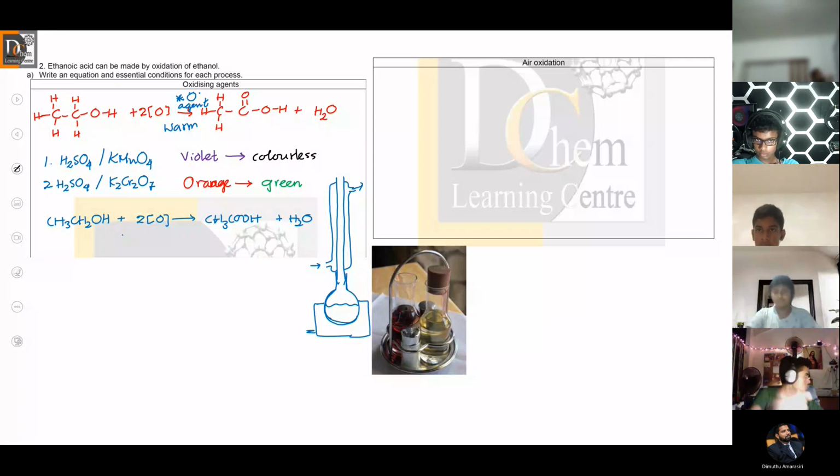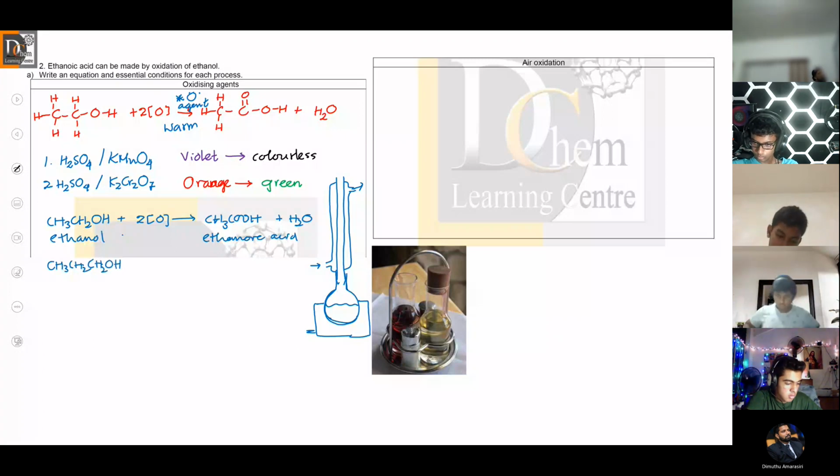Okay, so this is ethanol, ethanoic acid. But this reaction can be done not only for ethanol. You can convert any other alcohol, not all types of alcohols, but most alcohols, into a carboxylic acid.